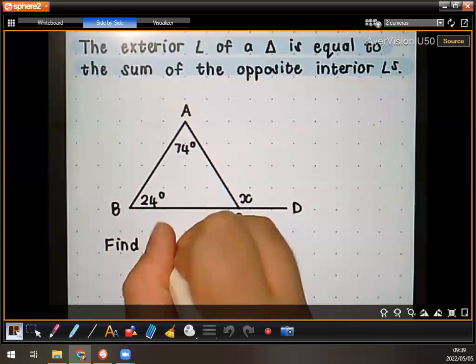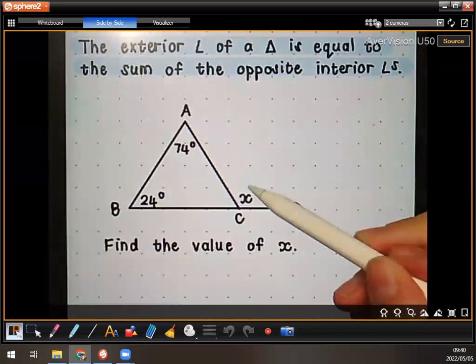Sorry, wait, let me change that value. Okay, so guys, you can get a question like this in a test or exam, and they can ask you to find the value of x.